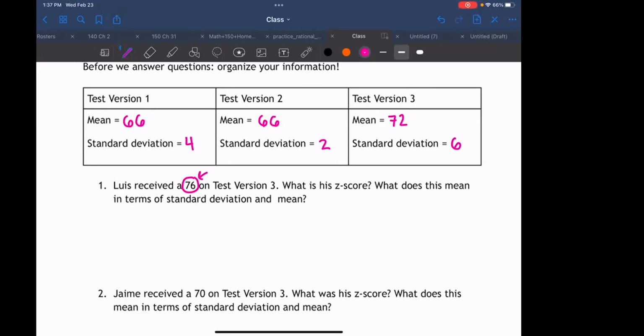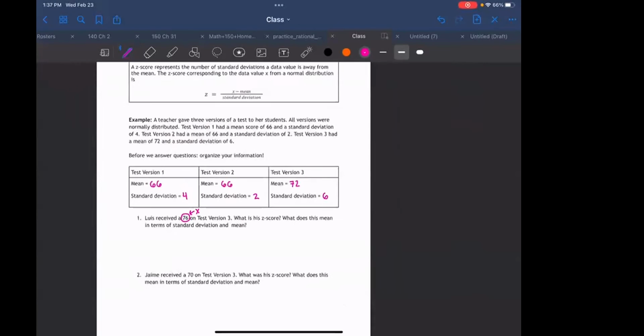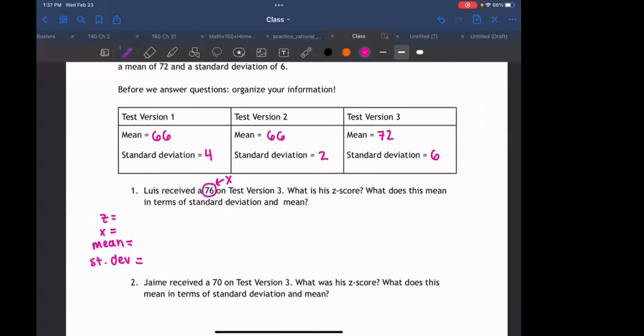This is the data value that we're interested in finding the z-score for. Before I go on, I know this sounds kind of silly, but I always make mistakes, so I'm going to write in all of the different values in our equation: z, x, mean, standard deviation. It might be overkill, but I think it's helpful.